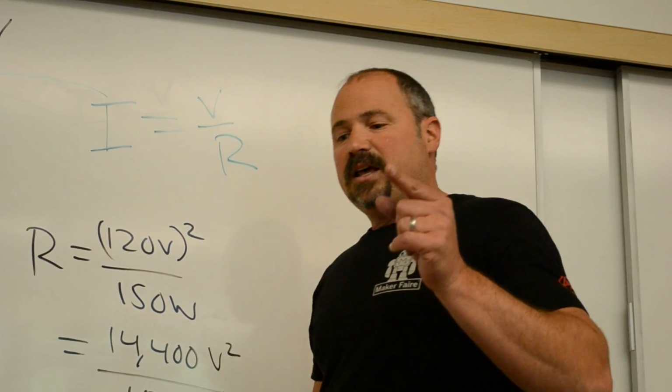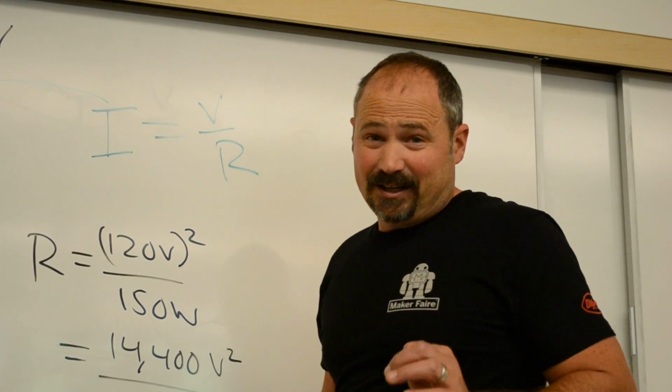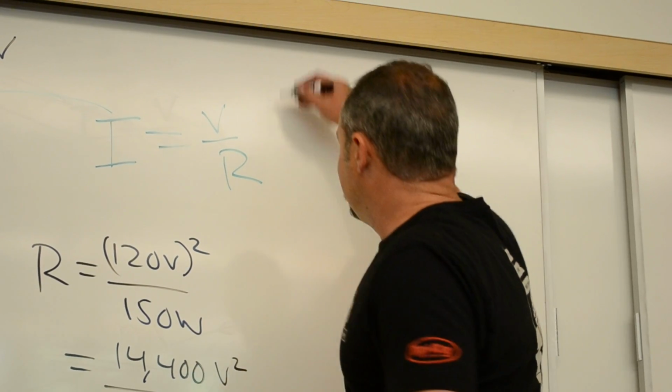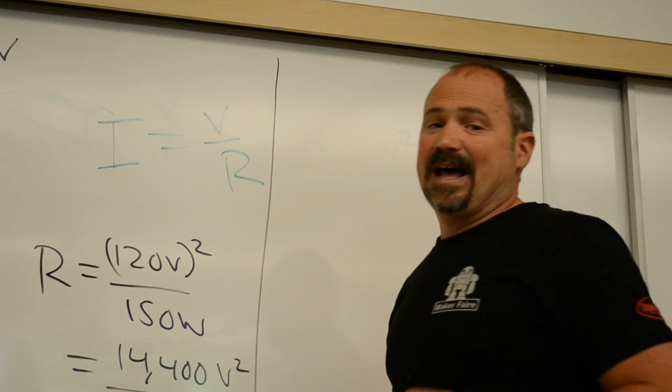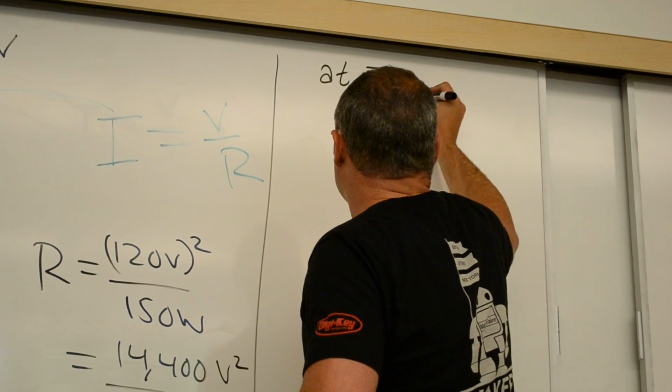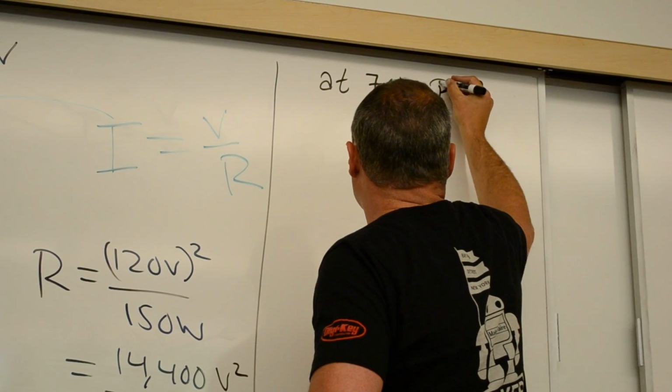Excellent. Now we can figure out how bright it is, or more specifically, how much power it's giving off when run at 70 volts. So at 70 volts, the power equals what?